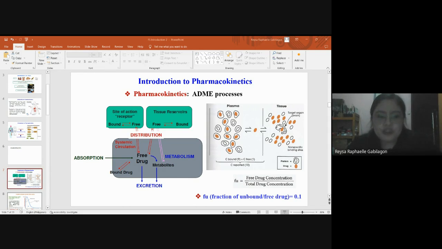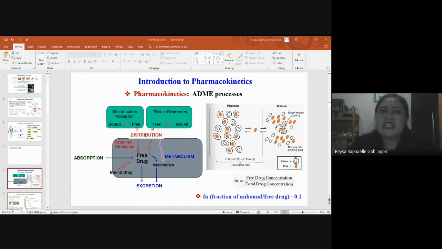After computing, if you get a low volume of distribution, that means there is a decreased tissue binding, hindi masyadong umabot sa like tissues yung drug natin, and that the drug most likely stays in the plasma, and in the plasma we have the so-called protein binding, so most likely nandoon yung drugs natin.